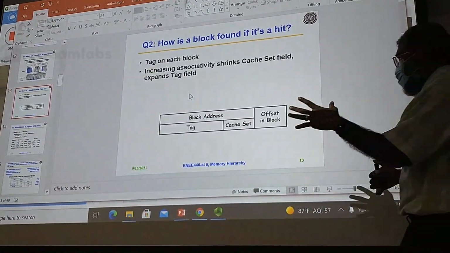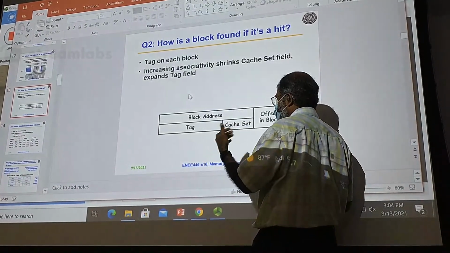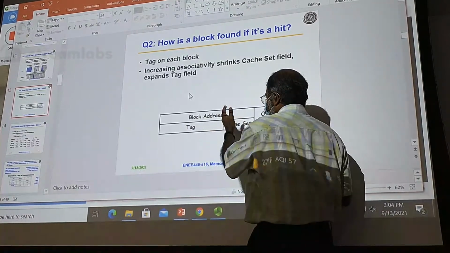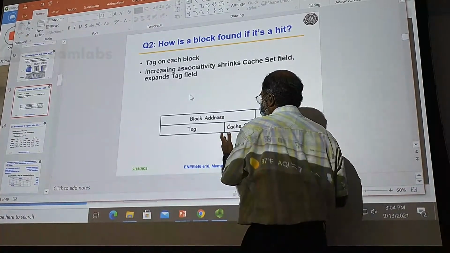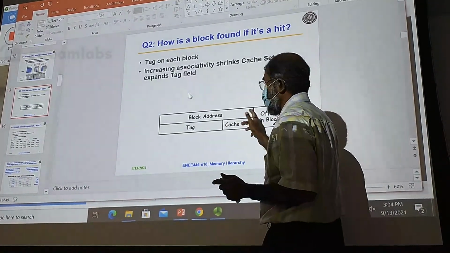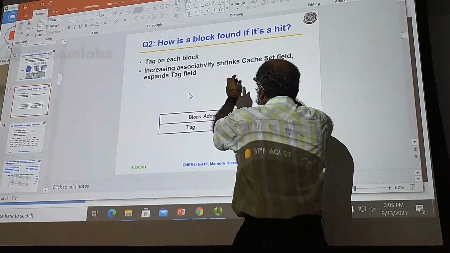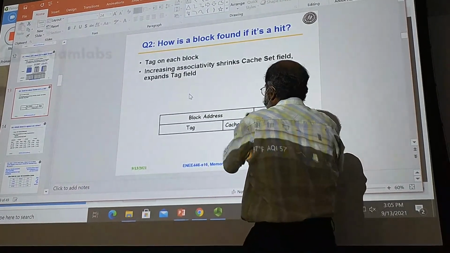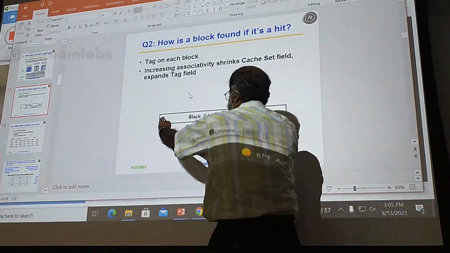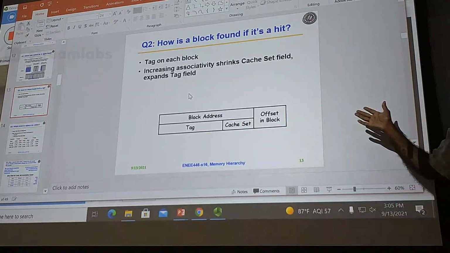Once you have the block address, we do the same thing. The number of cache sets or frames, whichever, is also kept as a power of 2, so you can do another division to get the mod. So you don't need to do the two divisions sequentially. You get a 32-bit address, these wires go one way, these wires go to select the cache set, and these go to do the matching. So it's split like that.